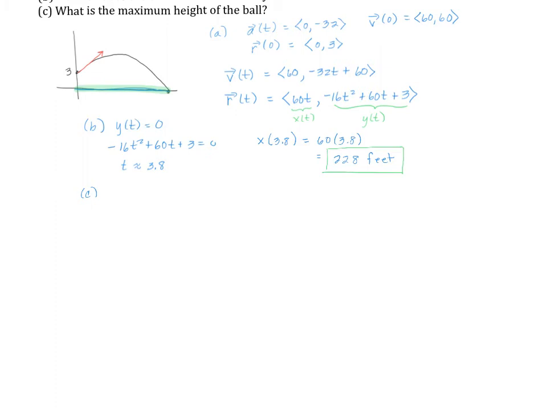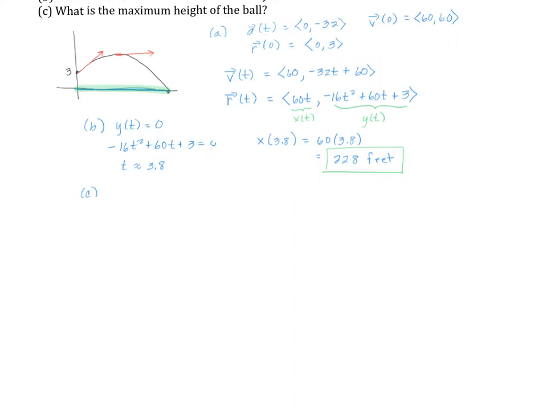If we go back to our derivative, we notice that at the vertex, that's when our velocity vector is 0, because the velocity vector is the derivative of the position vector. So we're going to have a maximum height when the velocity is 0. But the velocity vector is made up of two components, an x and a y.